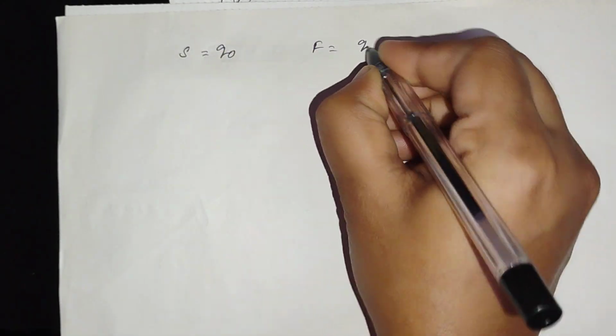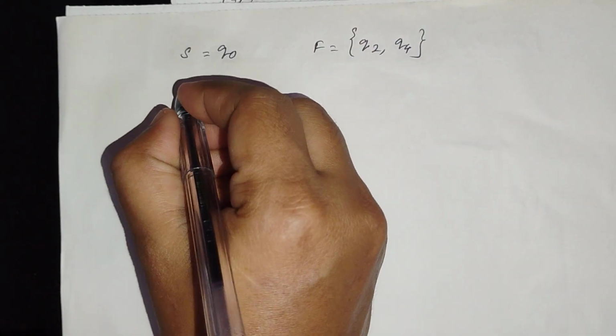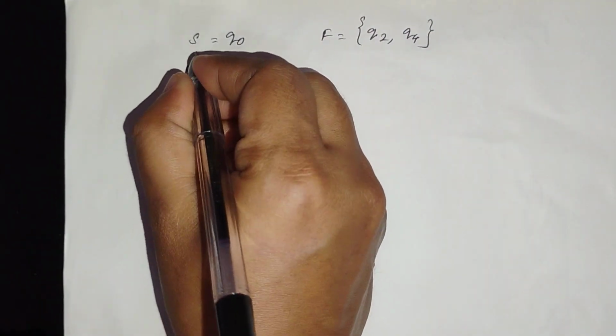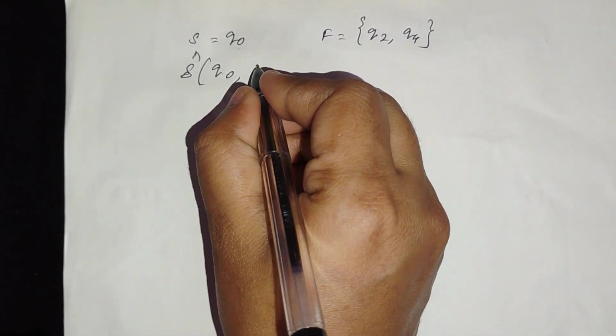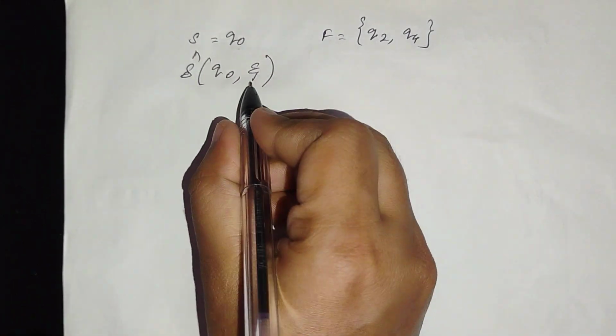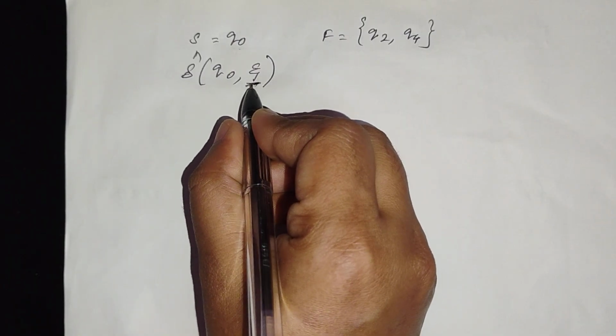Our starting state is Q0, and the final states are Q2 and Q4. Then we write the transition delta cap, starting with Q0. If there is no input symbol, we represent it as epsilon.